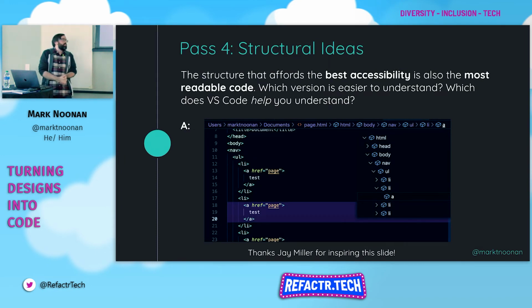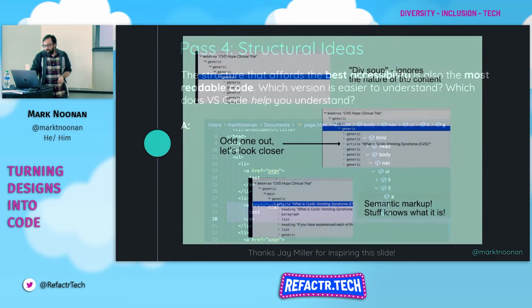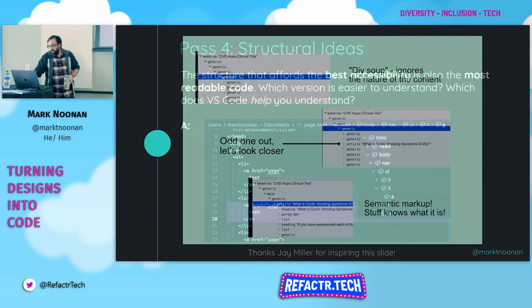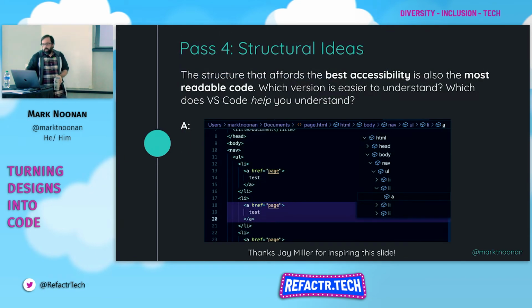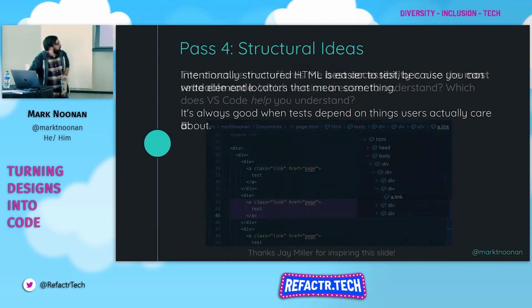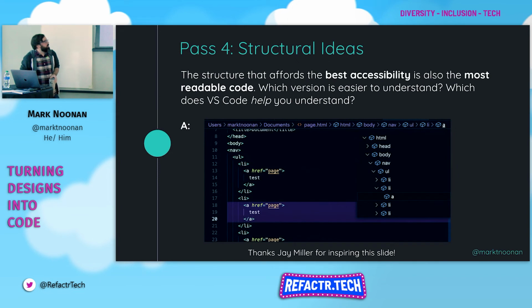The other part of this is that we write code that's easier to understand. Because if this makes sense, if this can be broken down programmatically by a computer and announced in a way that makes sense, then our code itself is easier to understand. So we're going to go into a file like this, or a file like this. And there's a little bit of nesting here, but often there's a lot more nesting.